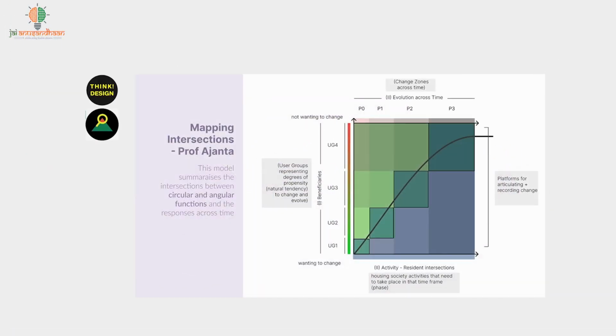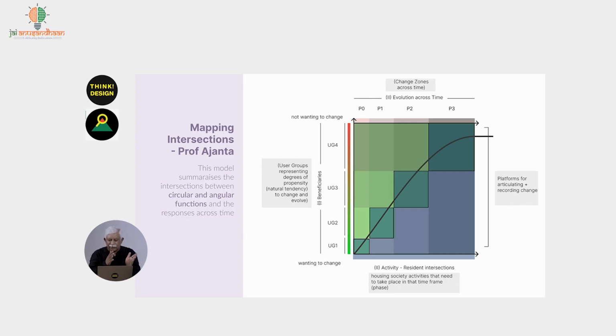They also thought of a structured framework for this activity. So they put users on the Y axis, those wanting to change, those who don't want to change. So you had user groups 1, 2, 3 and 4. And on the X axis you had a plan of action: phase 0, phase 1, phase 2, phase 3.